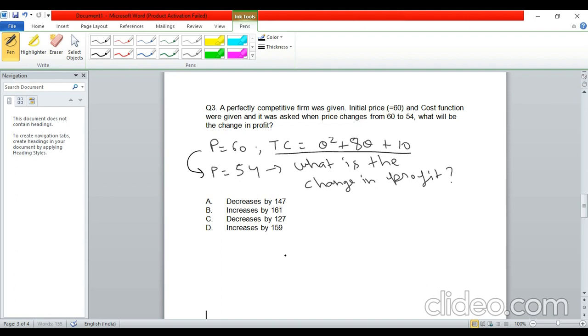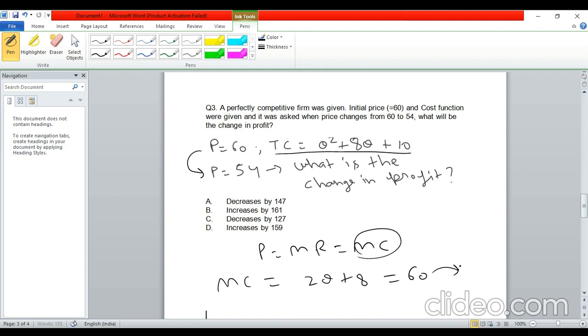So all you had to do is the profit maximizing condition, that is P = MR = MC in case of a perfectly competitive firm. So MC you can easily find from the total cost curve. MC will be simply the differentiation of TC. So that will be 2Q + 8, and you had to equate it to 60 first, and then secondly, when the price decreased to 54, equate it to 54.